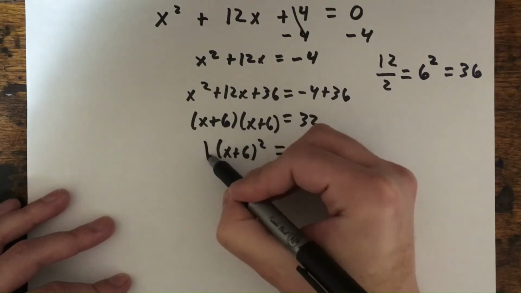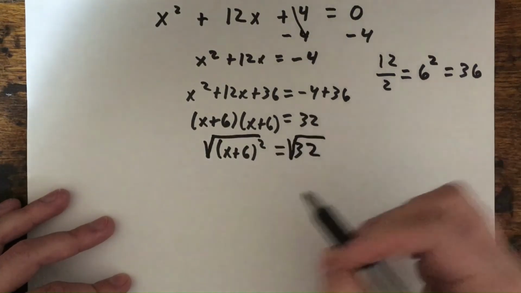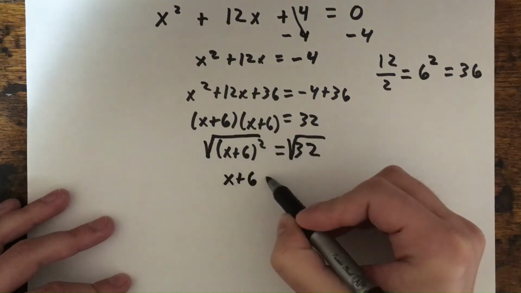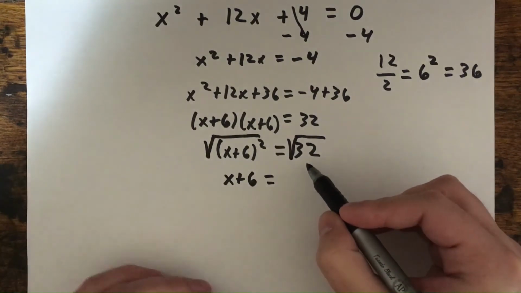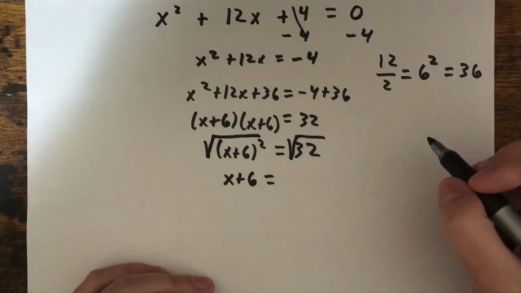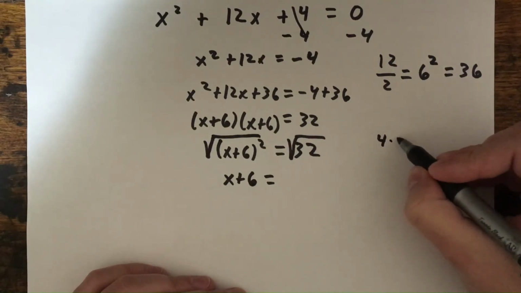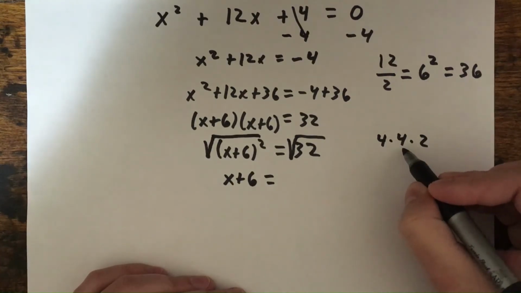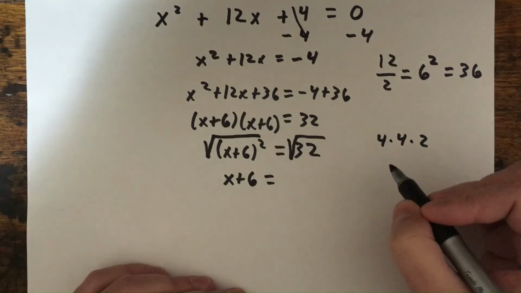Let's go ahead and take the square root of both sides to get rid of this square. So now we just have x plus 6 on the left. And let's see what we come up with for the square root of 32. This is something we can break down a little bit. So 32, you could do 4 times 4 times 2 to get to 32. 4 times 4 is 16. 16 times 2 is 32.